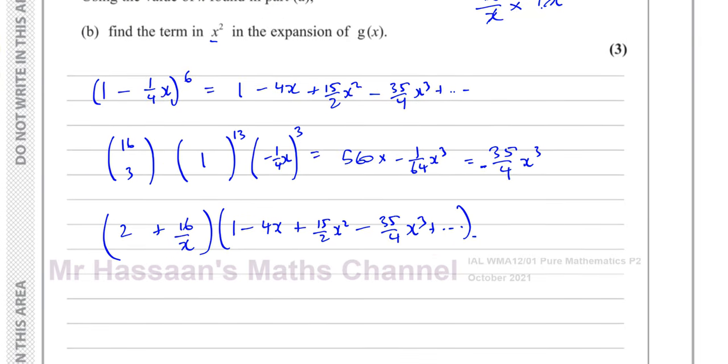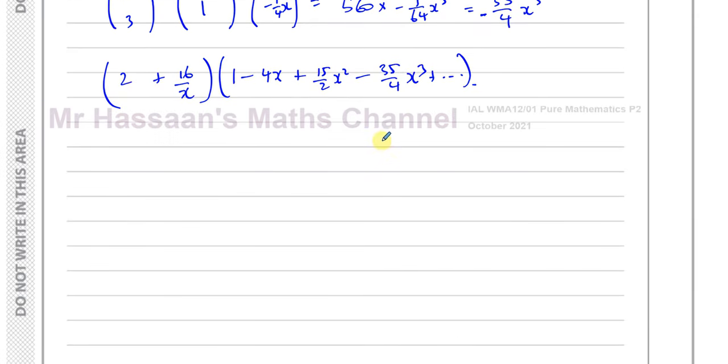We only need the term in x squared. So let's think about which products will give us x squared. We have 2 times 15 over 2x squared, that will be one of the terms. And the other one will be plus 16 over x times minus 35 over 4x cubed. Those will combine to give us x squared.